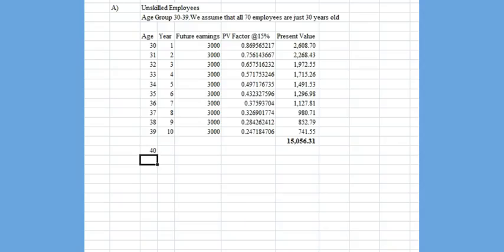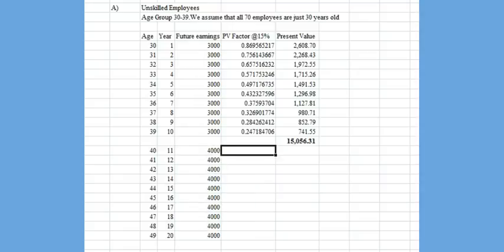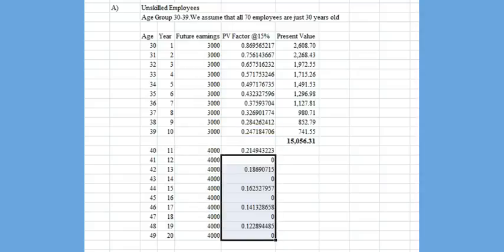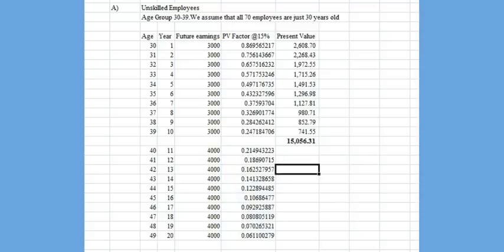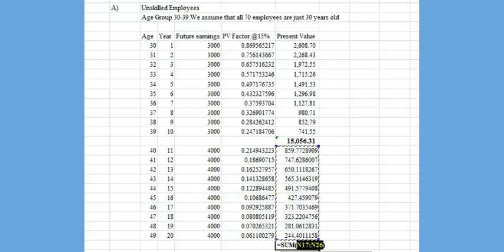From the age 40 till 49, it is assumed that the same unskilled worker earns rupees 4,000 per annum, and hence the sum of all present value factors of 15% from the year 11 to 20 is multiplied with 4,000 to arrive at the present value 4,960.